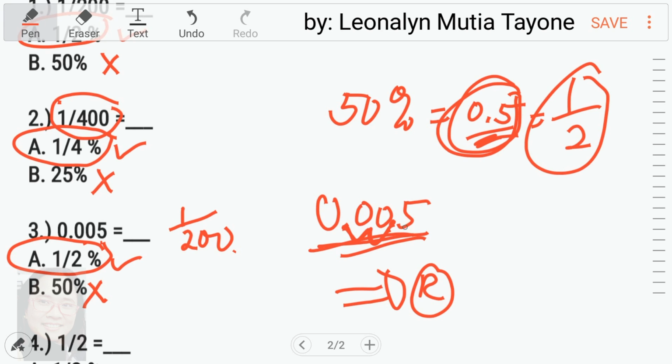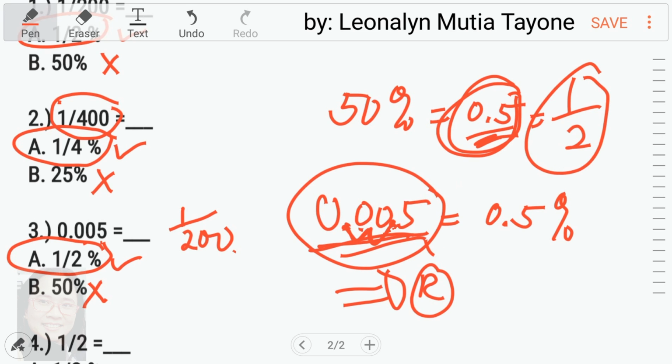So, nandito na si decimal. Katabi na niya si 5. So, at maglagay ka pa ng percent sign. Therefore, itong 0.005 ay equivalent ng 0.5%. So, ang sagot dito ay letter A.